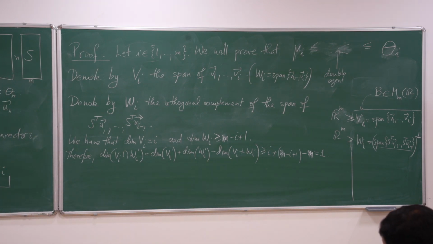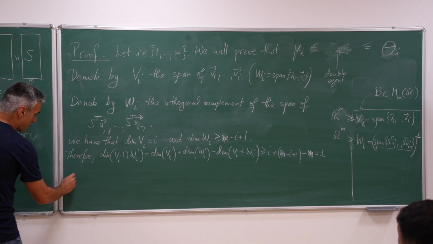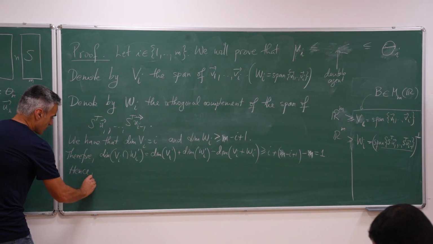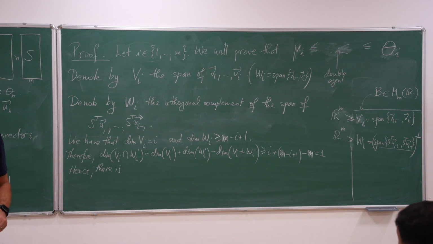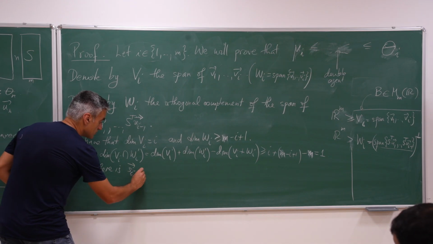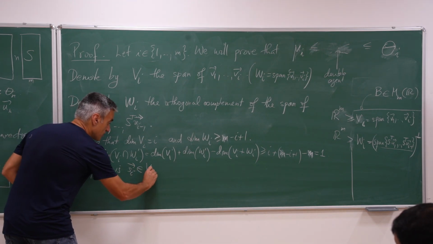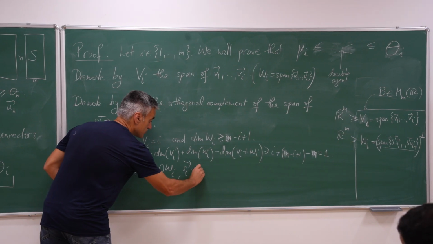So again, here this dimension is at least 1. Hence there is some vector, let me see how I call it, Si, which belongs to Vi intersect Wi, and Si is not 0.